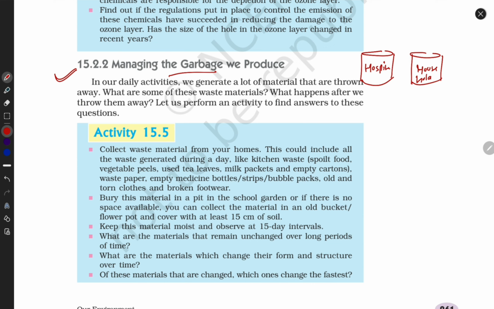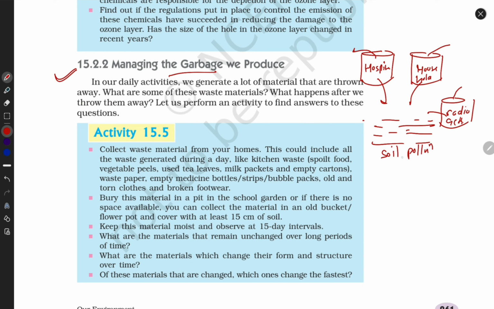So we should manage these products, fix them, manage them, so the environment is less affected. If we throw hospital waste, household waste and radioactive waste in soil, the soil gets polluted.